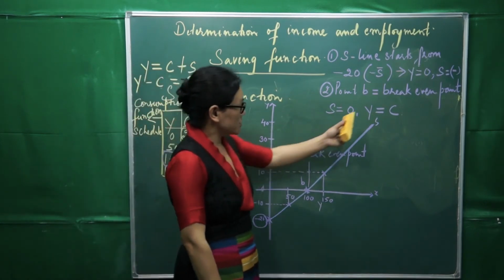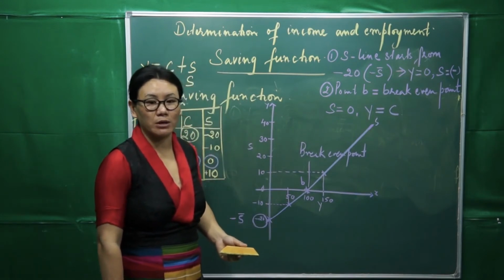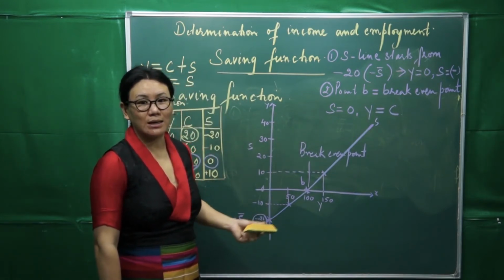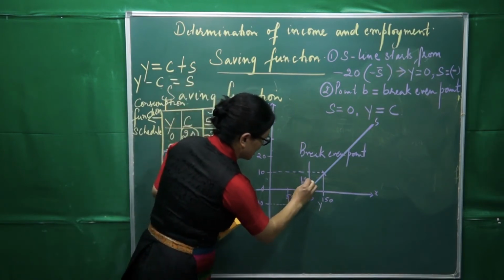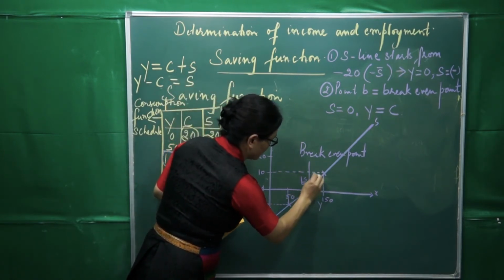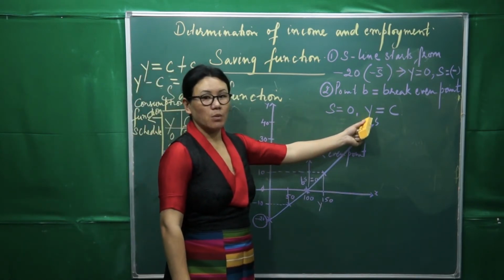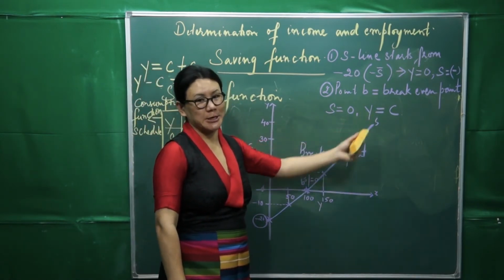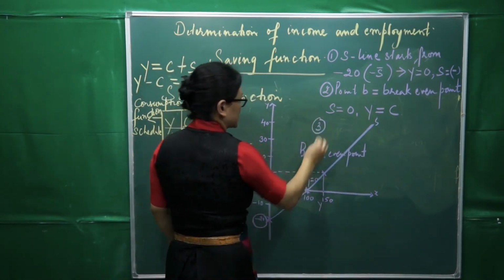See here, break-even point. So what is this break-even point? What happens here at this point? So at this point, saving is becoming 0. So it happens when Y is equal to C here.